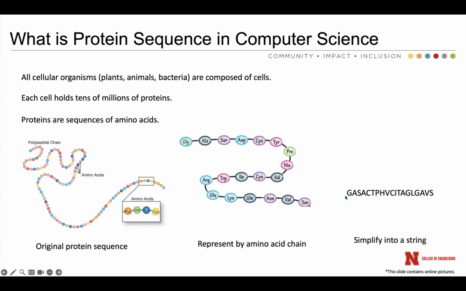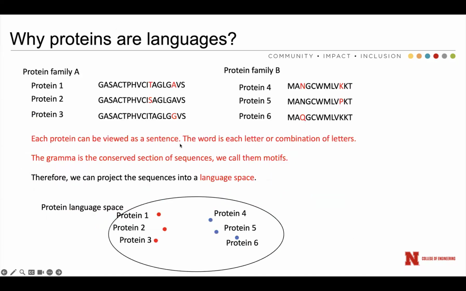For example, GASACTP is a protein sequence. Each letter represents an amino acid in the protein sequence. But we don't really need to know what an amino acid is. So just remember, each protein sequence is a string. So if we have many protein sequences, we have many strings.